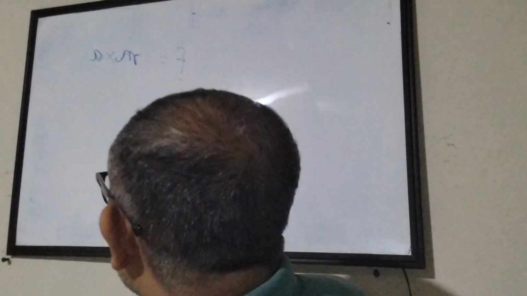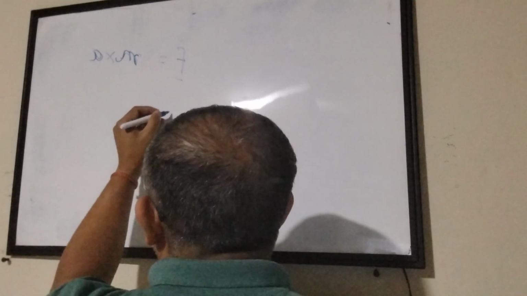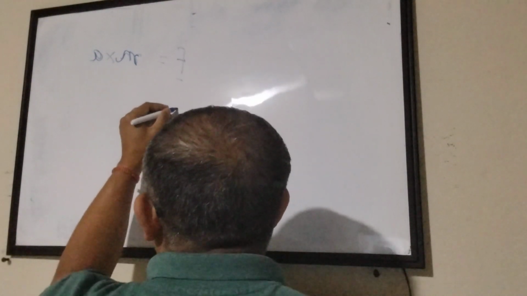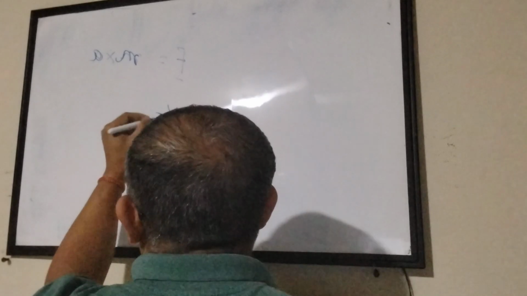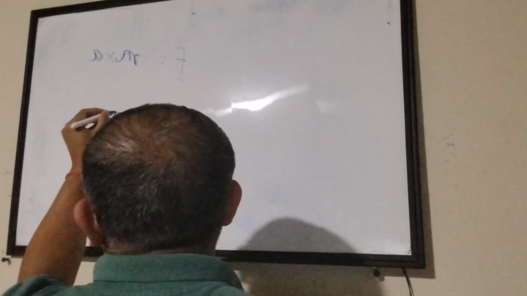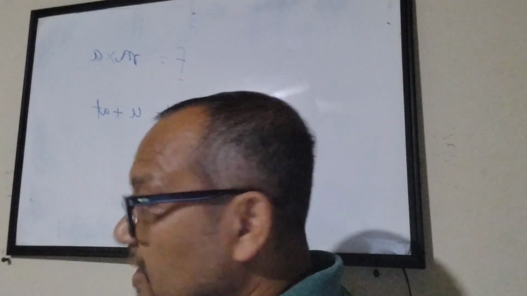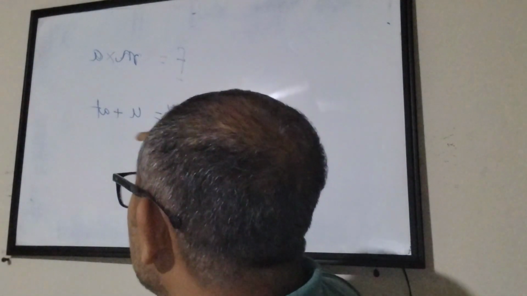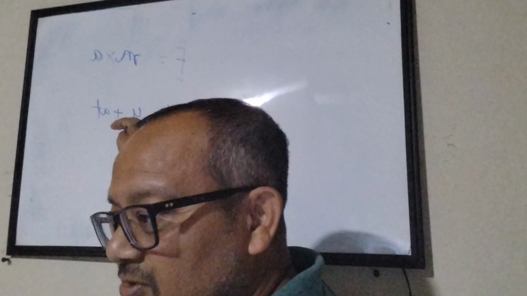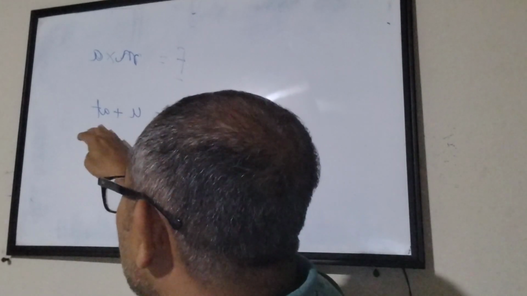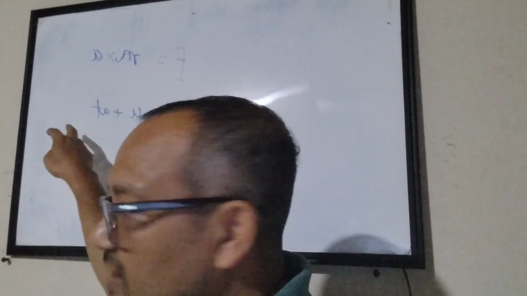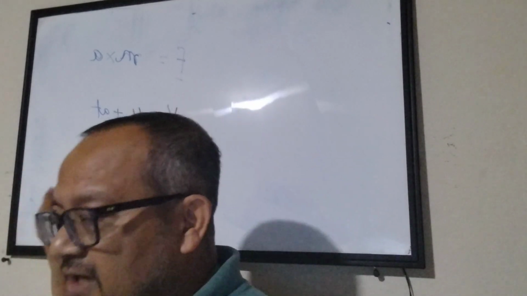Now, another law of motion tells us that the new velocity equals the original velocity plus acceleration times the time with that acceleration.